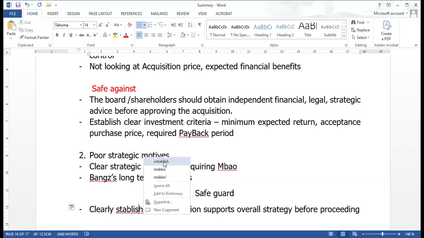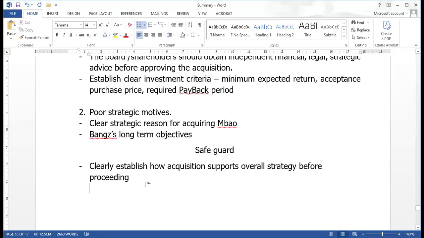Don't just acquire. Establish the overall what? Strategy.